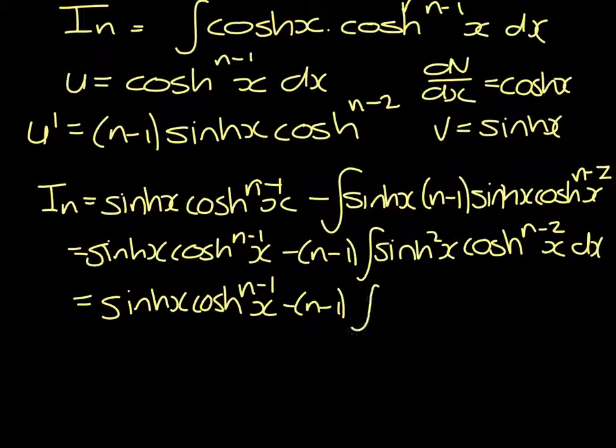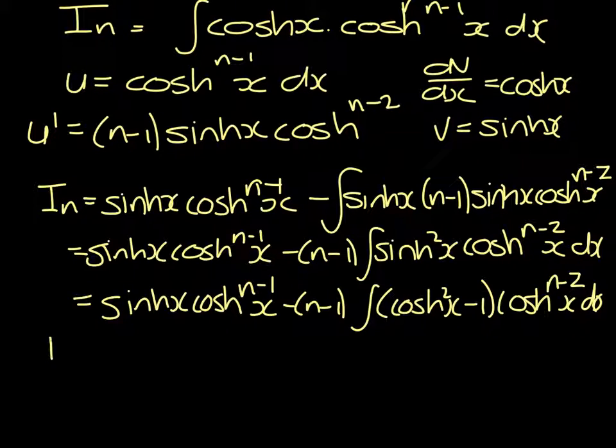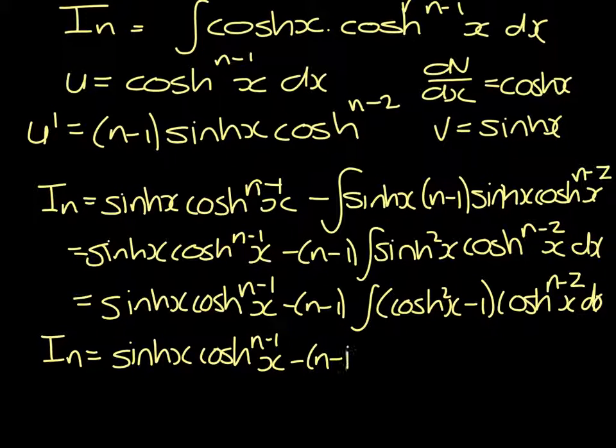Sinh squared is cosh squared minus 1. So we have that In equals, cosh squared times cosh to the n minus 2 gives us cosh to the n. So that's going to be In.